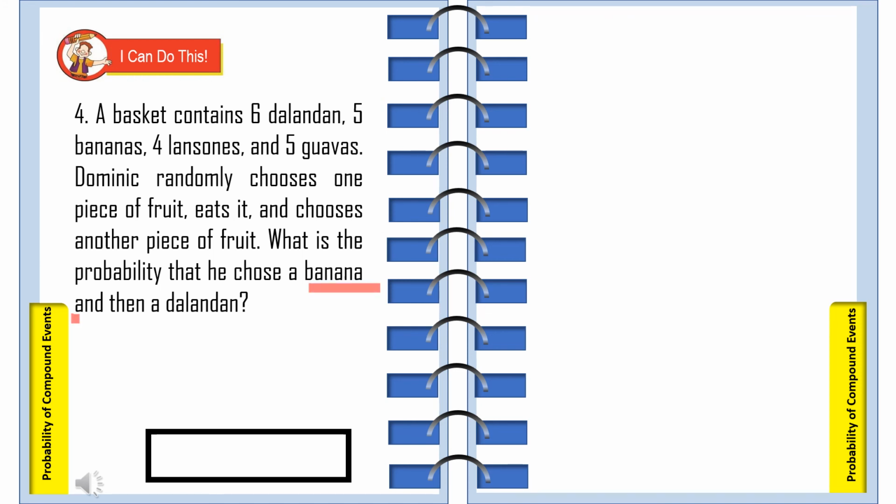Okay? Tapos, ito yung ating hint dito. Chooses one piece of fruit, eats it. So, pagkapili niya, kakainin niya yung fruit na napili niya bago siya pumili ulit. Yun yung mga hint natin para sa problem na ito.